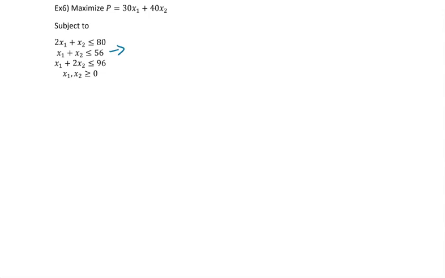So again, just like before, we are going to add our slack variables to all of these. The only difference is this time we're going to have a third slack variable because we have a third constraint.